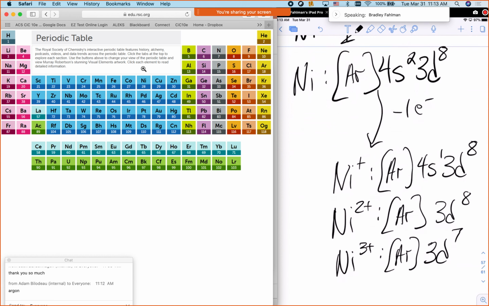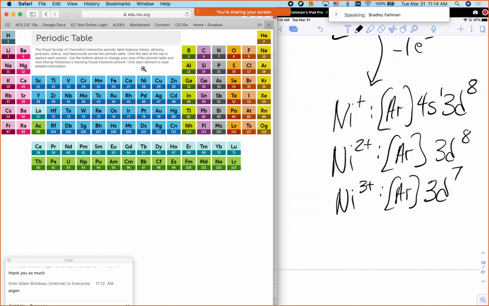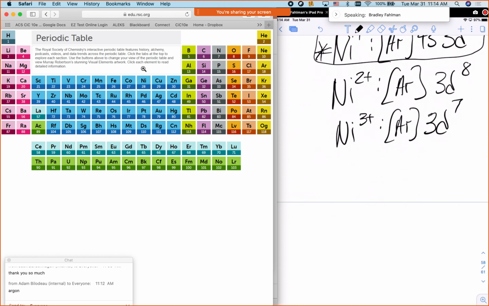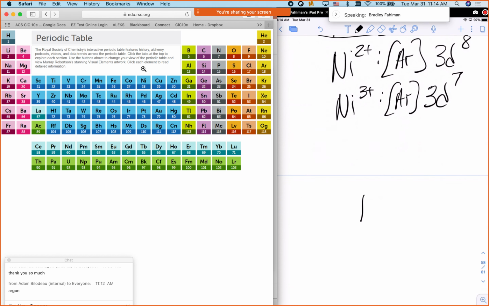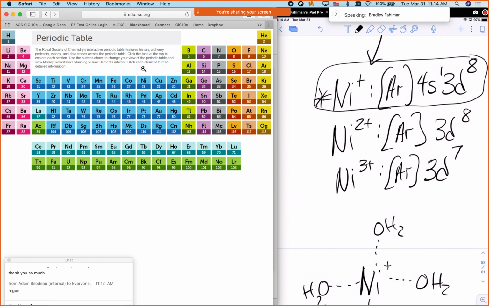All right, so if you go on to take more advanced chemistry, you'll find that this one, the nickel plus, is really not the case in compounds. And so if you have coordination compounds, what we call, so for instance, you have a nickel plus that's surrounded by waters or anything else, you'll find that these configurations, this one in particular, is really not accurate.